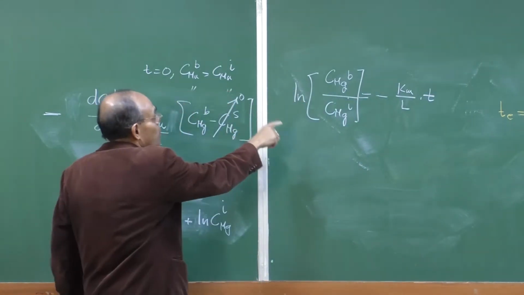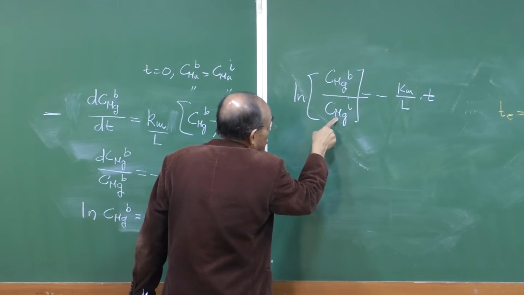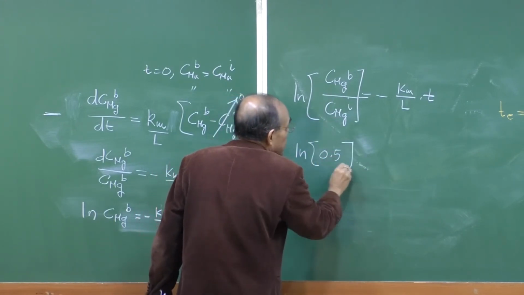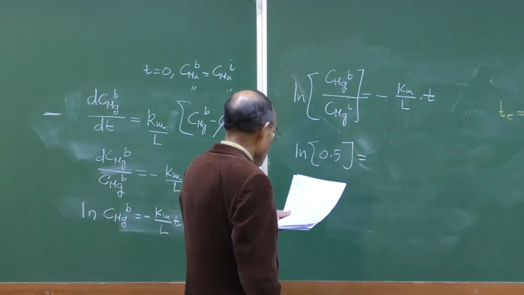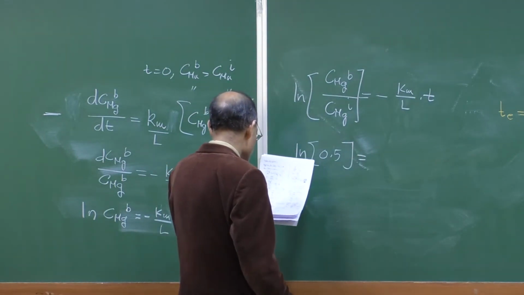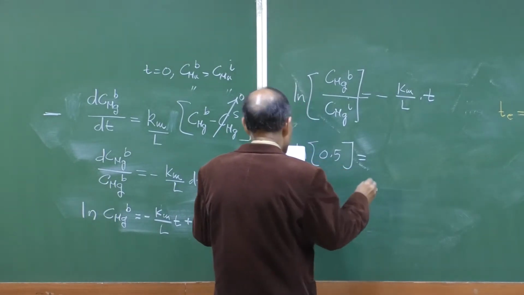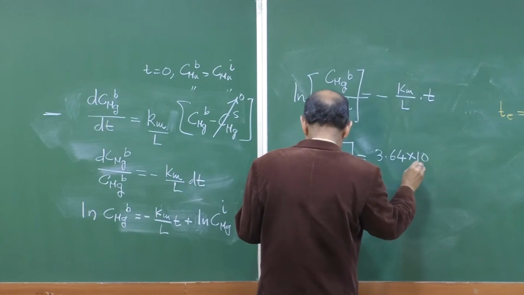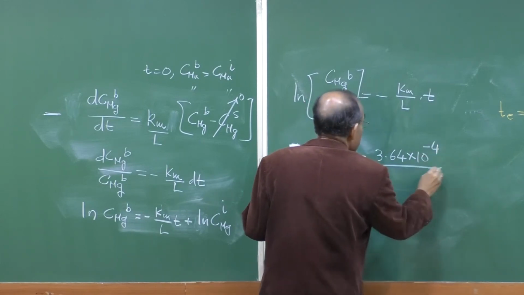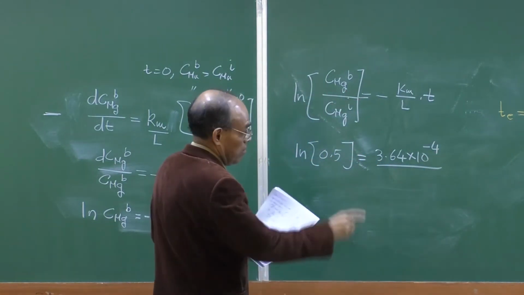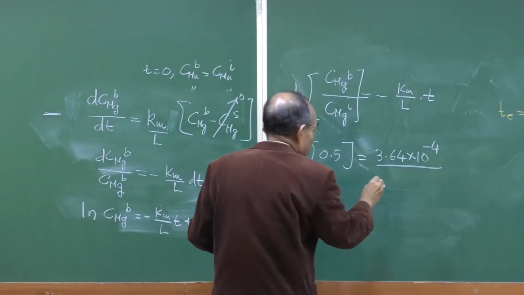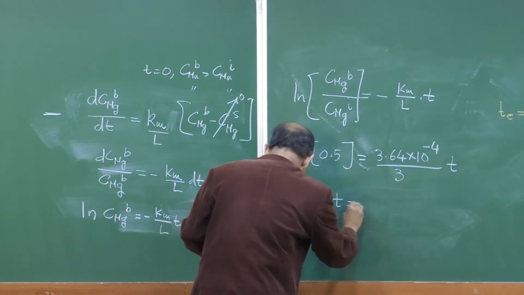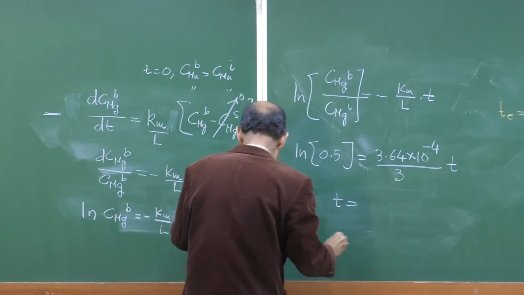And this value is given to be 50% of the initial, so this is actually ln of 0.5. The mass transfer coefficient we have calculated to be 3.64 into 10 to the power minus 4, and we know the value of L, which is 3 meters, and therefore the only unknown t can be calculated.